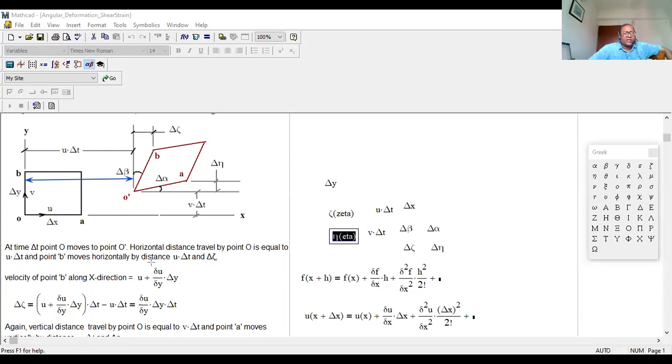Now, how much is the horizontal distance traveled by point B? That we need to figure out.